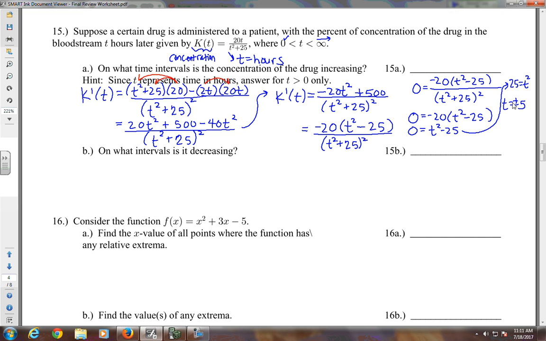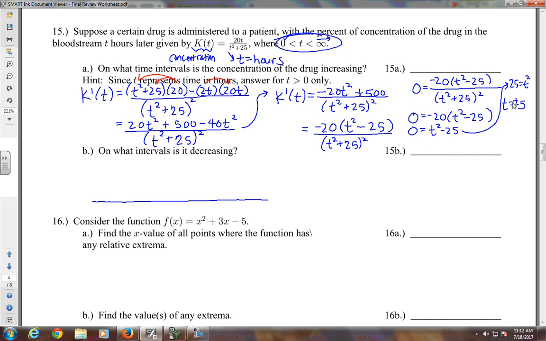Now remember, t represents time in hours, and this restriction said I'm just going to consider positive time. So I'm only going to consider positive 5 when I look for where the function is increasing or decreasing. Quick review: we found the derivative using the quotient rule, we set the derivative equal to 0 and solved for t. We came up with two critical values, but I'm only going to consider the sign of my derivative on the interval 0 to infinity.